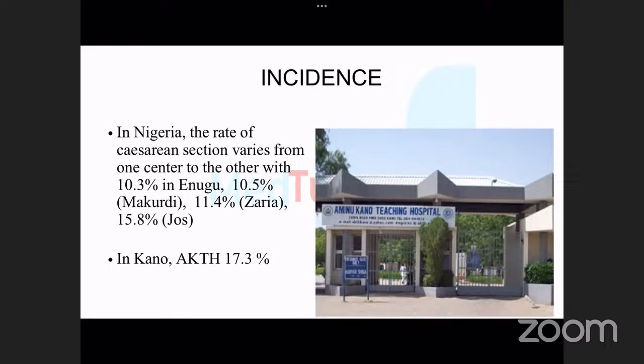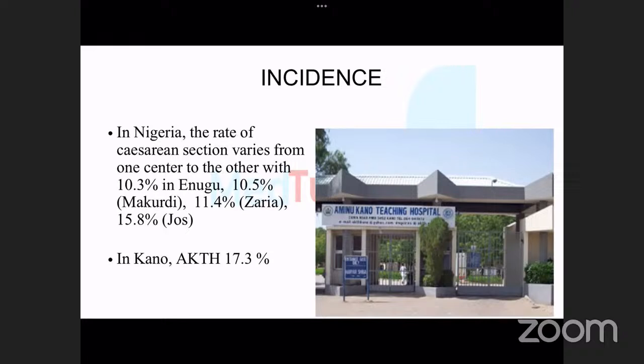In Nigeria, the rate of cesarean section varies from one center to the other across hospitals and from one region to the other. A reported rate of 10.3% in Enugu, 10.5% in Makurdi, 11.4% in Zaria, and 15.4% in Jos. Aminu Kano Teaching Hospital in Kano reported a cesarean section rate of 17.3%.